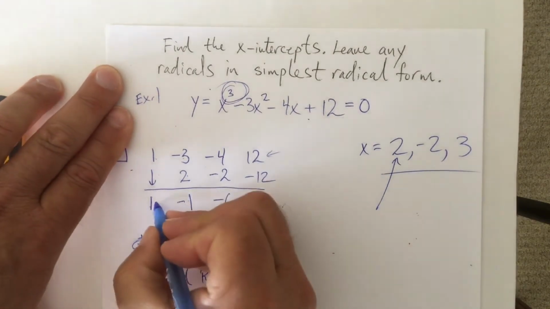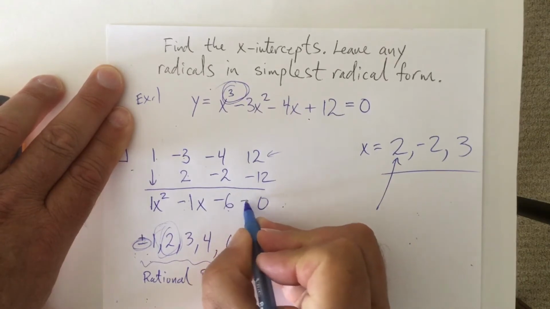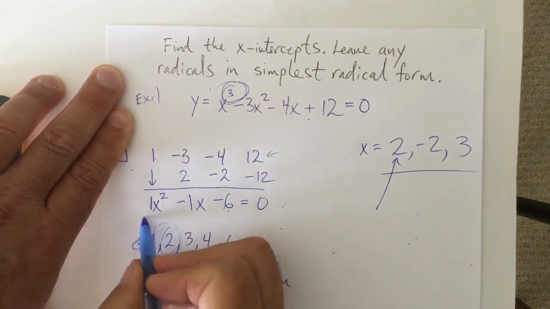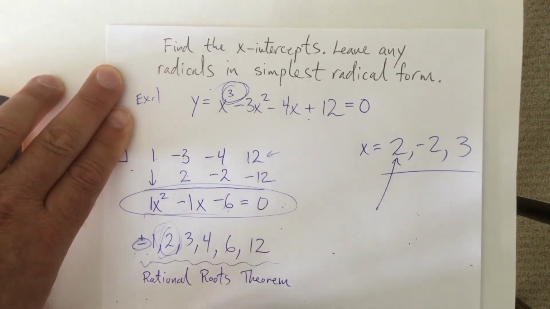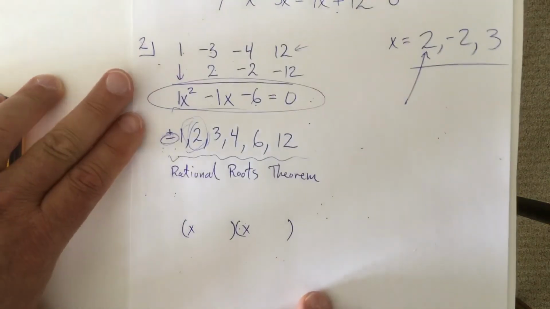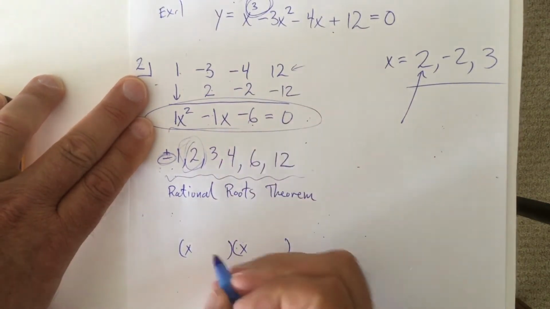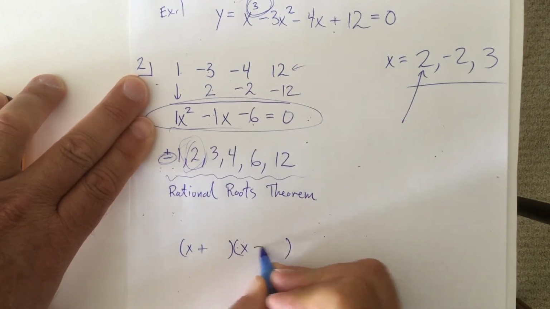Well, x squared minus x minus 6 equals 0. If I took this now and I factored it, I would have x times x. Whoops, you can't see what I'm doing there. I would have x times x. The last sign's a -6, so to get minus, it has to be opposite signs.